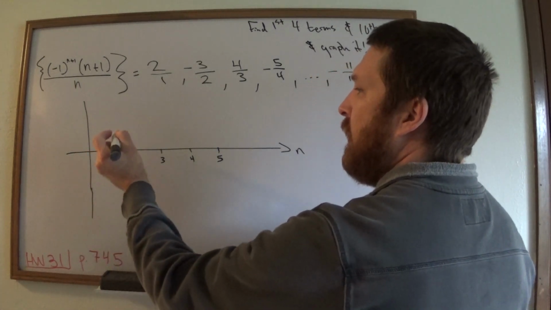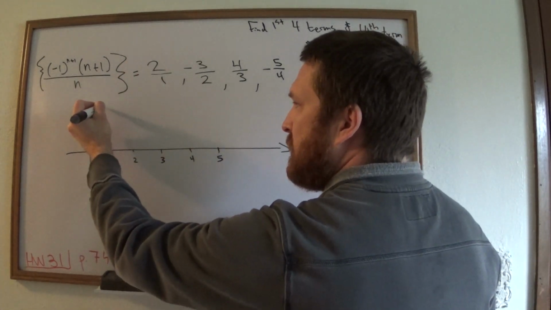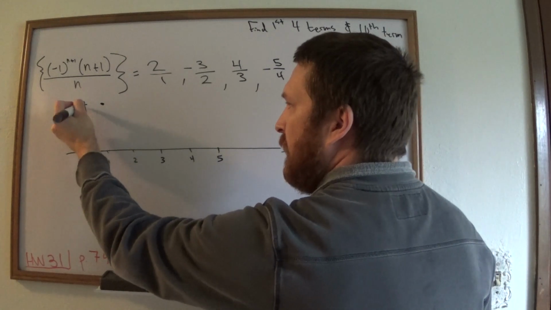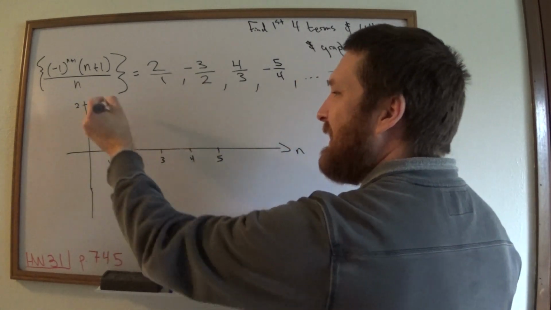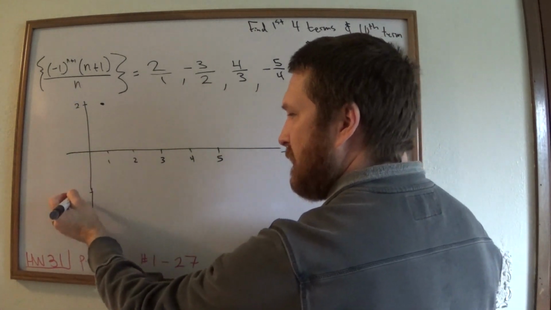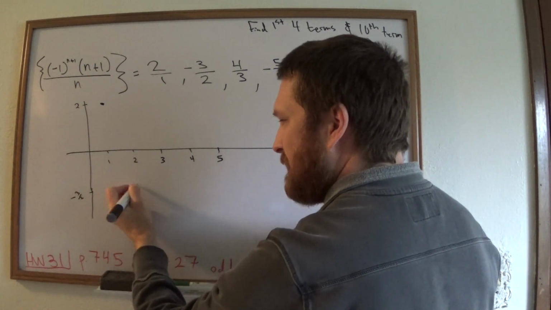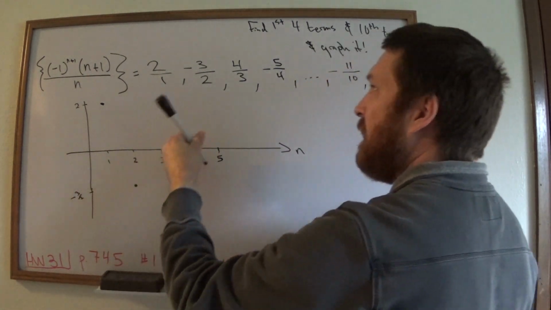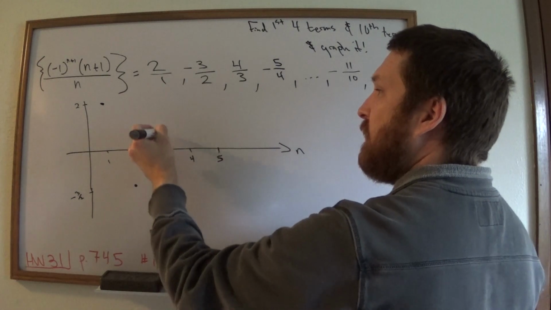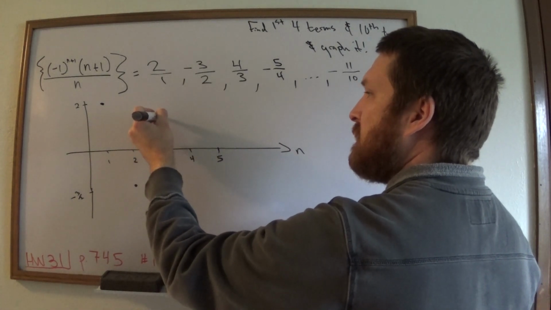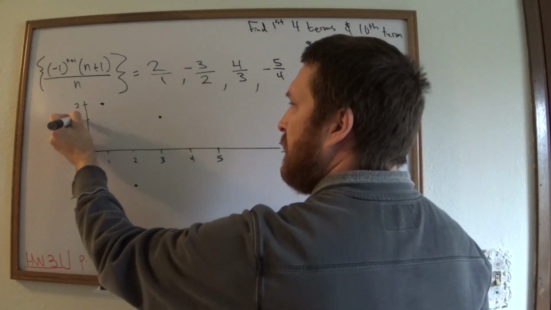Now, plug in a 1, we get out a 2, so I'll do my 2 up here. Now it's negative 3 halves, so negative 3 halves is this guy. 4/3 is for this one, so we'll do a 4/3 right there.